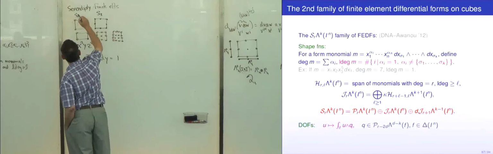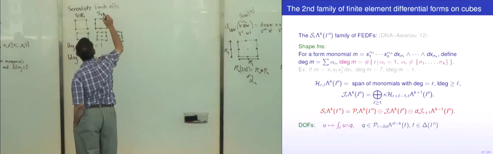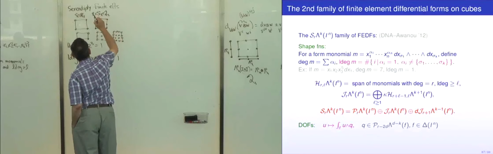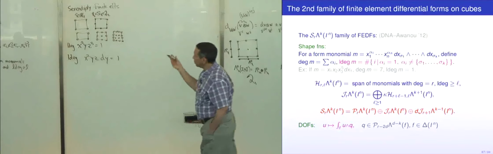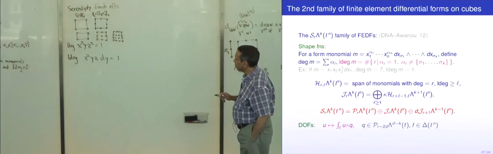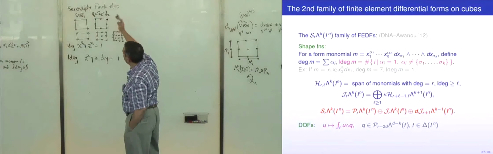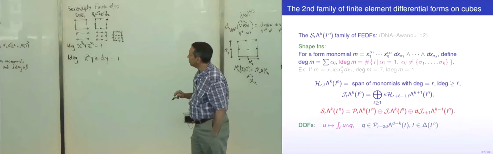So S1 is equal to Q1. But S2 is contained in Q2, and it contains P2. P2 is only 6-dimensional. This is 8-dimensional. This contains that 6-dimensional space and two other things in such a way that we can use these degrees of freedom, and that's enough so we still get H1 continuity.